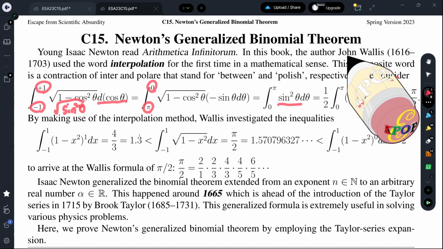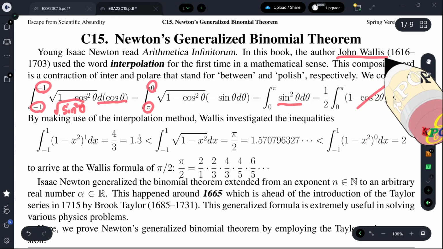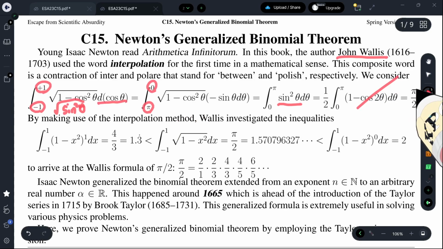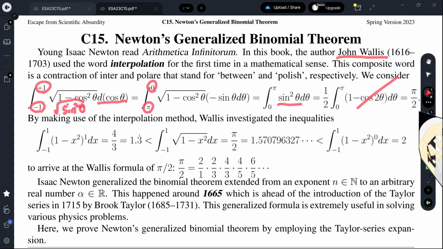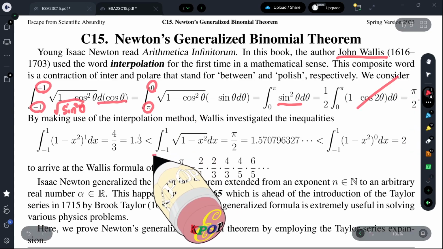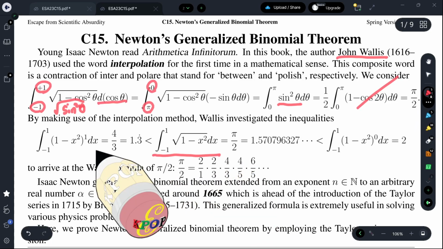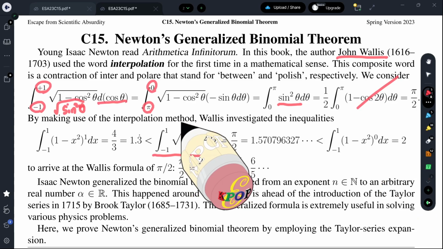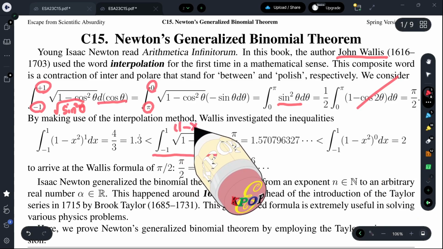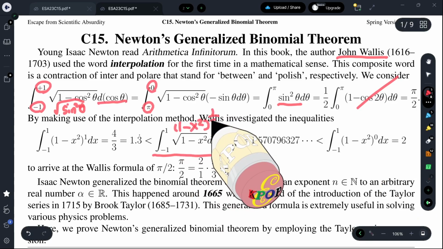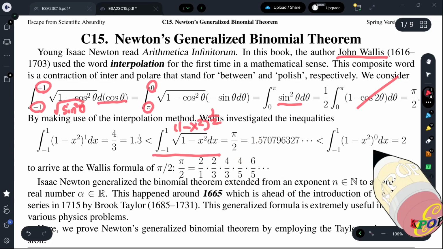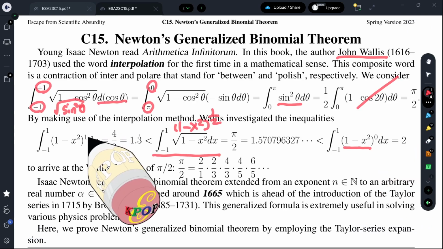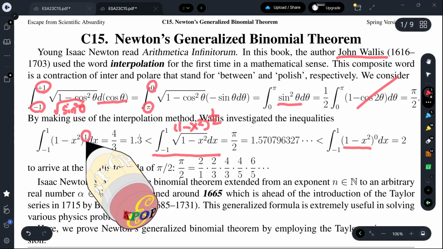Actually, Wallis noticed that this integral giving 1/2 of pi is in the middle of these inequalities. Let's see: it is 1 minus x squared with power 1/2, and then power 0, and then power 1.